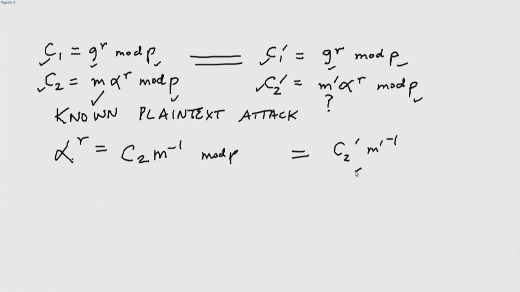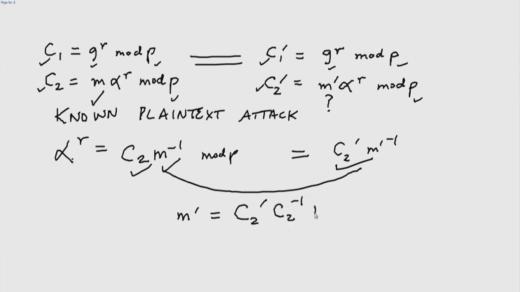Now if you look at these two equations, we know this, we know this, and we know this. Therefore I can find out M prime inverse and I can find out M prime. So M prime is equal to C2 prime times C2 inverse times M. So this is the attack.